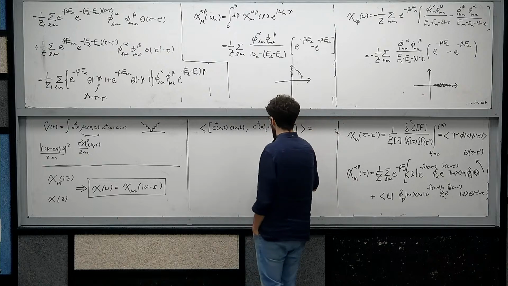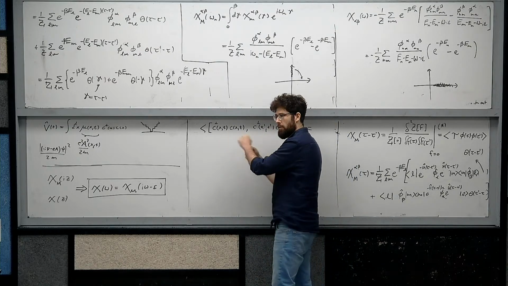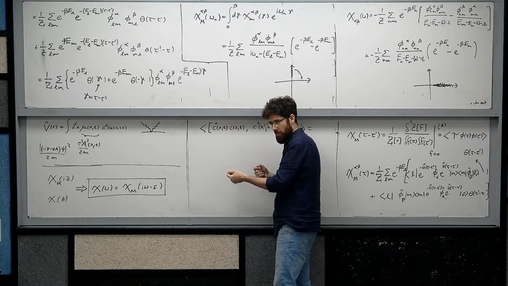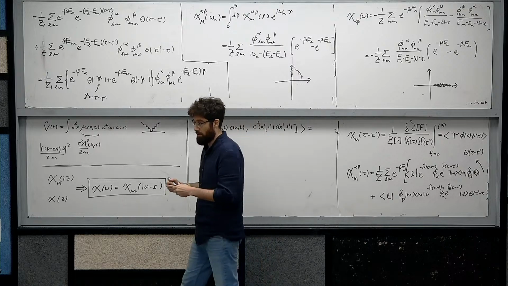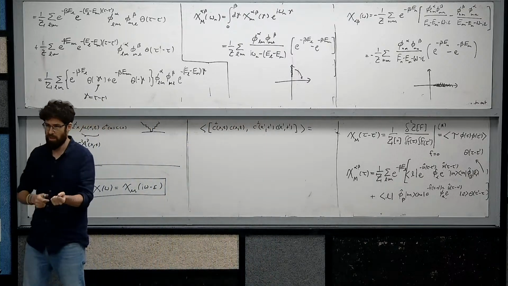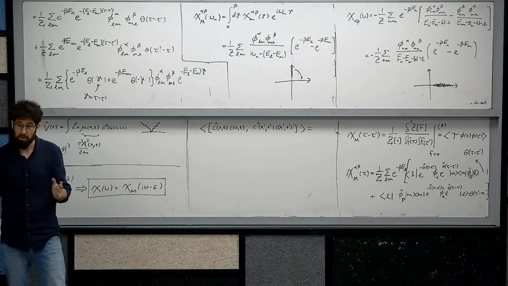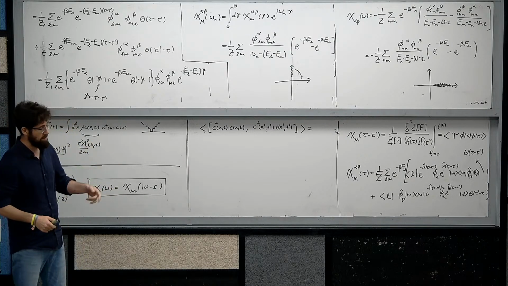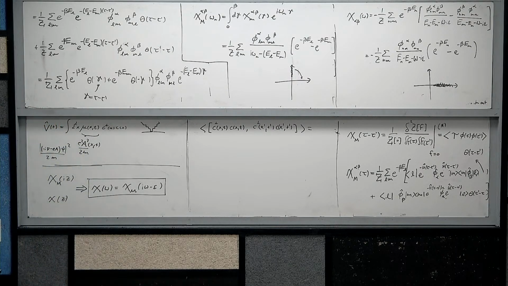Then I need to compute them in real time. And Green's functions in real time, in real frequency, have poles, and it's a whole mess. But it turns out that this calculation is much easier to do in imaginary time.